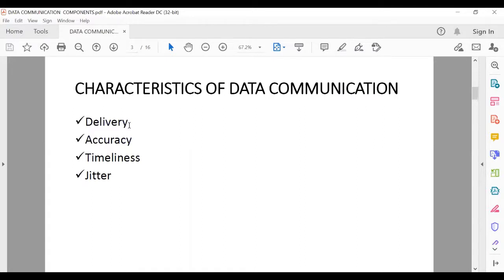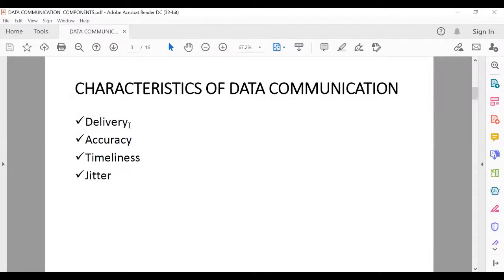So audio and video data is to be delivered in a timely manner without any delay. And this type of data delivery is basically called real-time transmission of data.